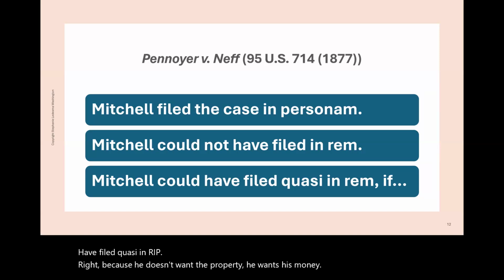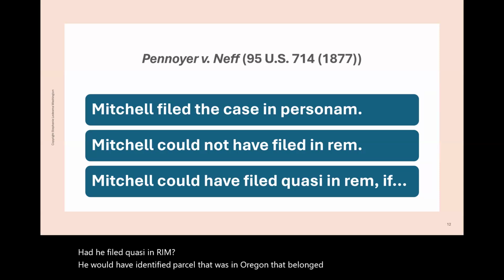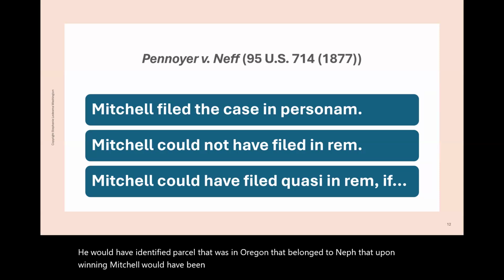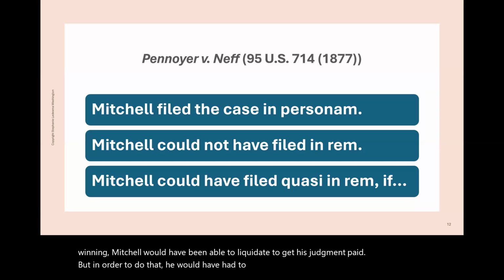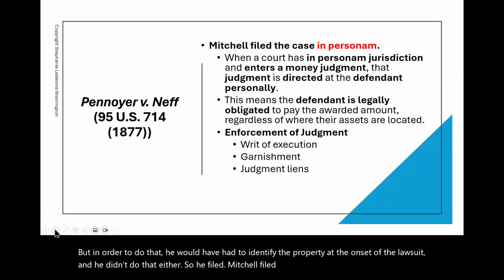Had he filed quasi in rem, he would have identified a parcel in Oregon that belonged to Neff, that upon winning, Mitchell would have been able to liquidate to get his judgment paid. But in order to do that, he would have had to identify the property at the onset of the lawsuit. And he didn't do that either. So Mitchell filed in personam. Great.